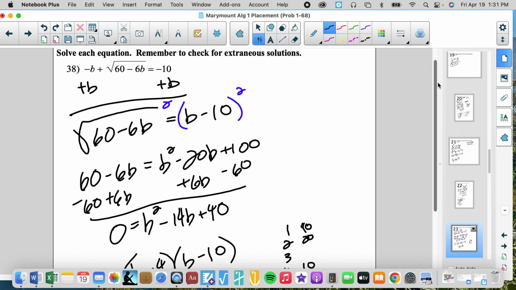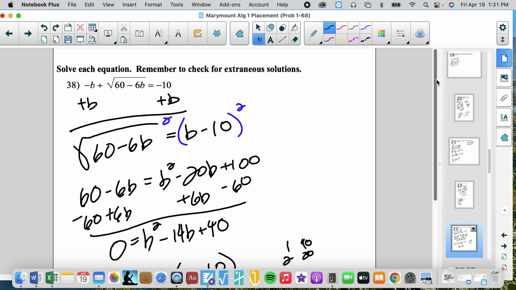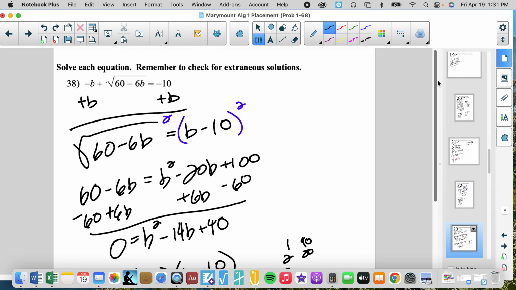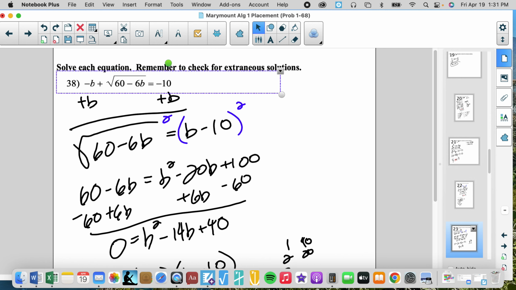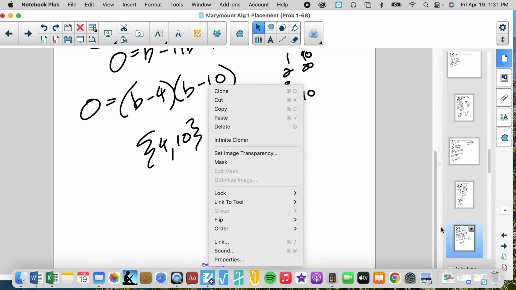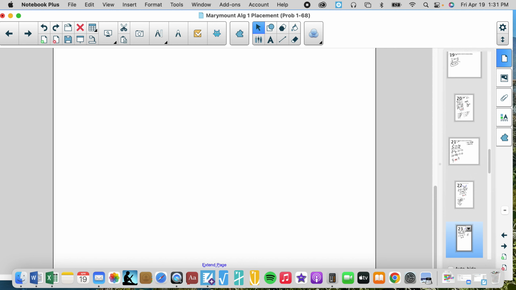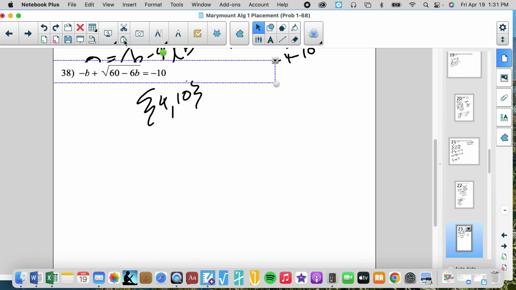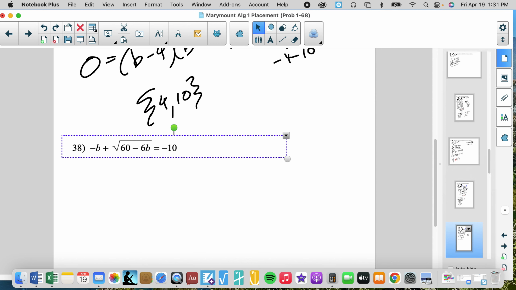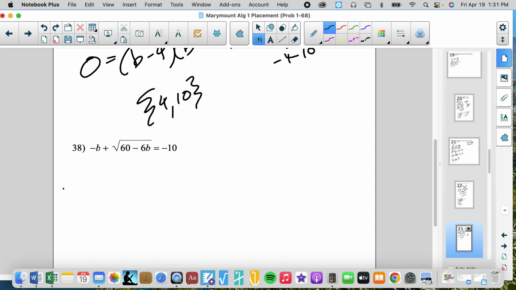Let's check for extraneous. Okay, so that's going to be interesting, how my left side equals a negative. Copy. So let's plug in each of the values. Negative 4 plus the square root of 60 minus 6 times 4 equals negative 10.